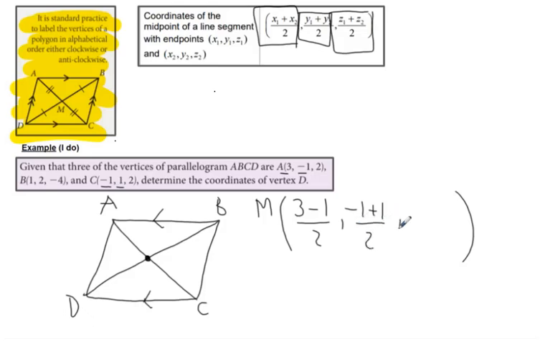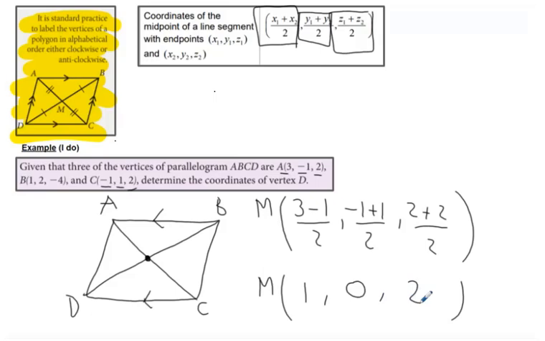And for the z's, you've got a 2 and a 2, so you've got 2 plus 2 over 2. So that means that the midpoint is at, well, 3 minus 1 is 2, 2 over 2 is 1, minus 1 plus 1 is 0 over 2, which is 0, and 2 plus 2 is 4 over 2 is 2. Of course, the average of 2 and 2 is 2.